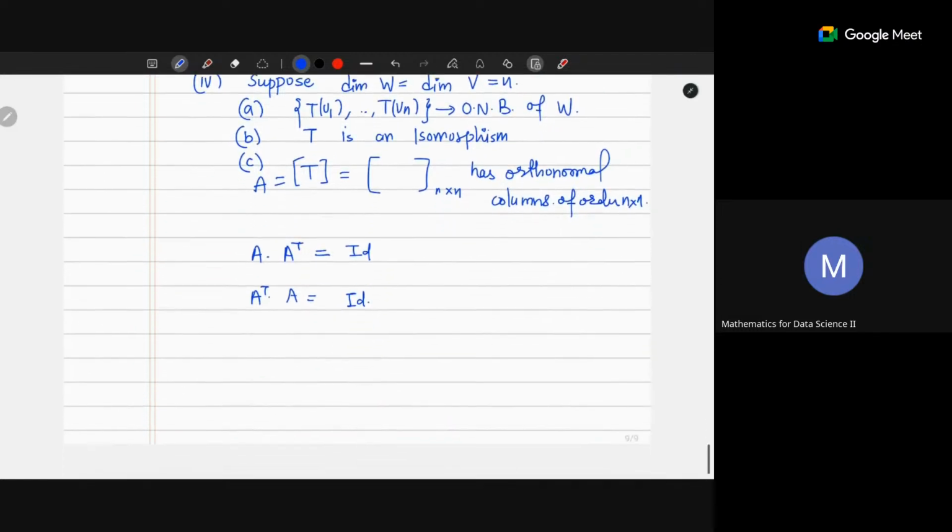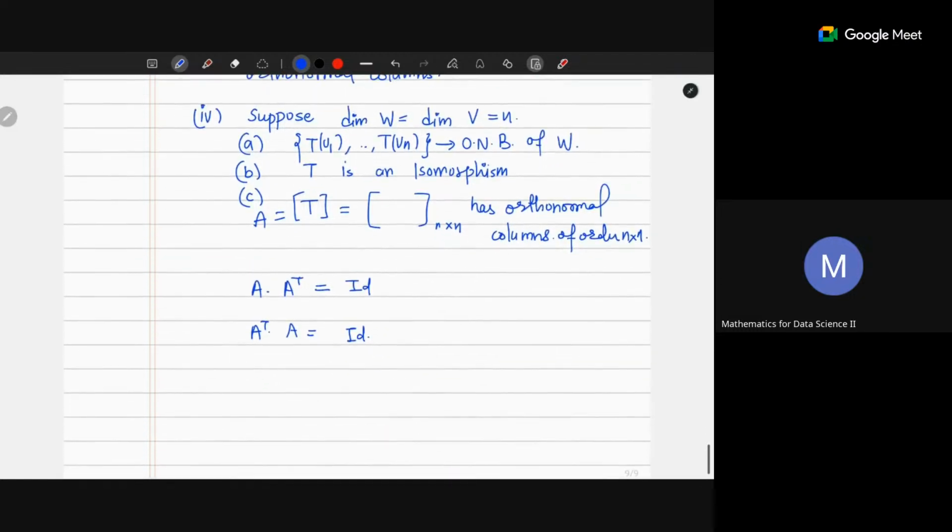Okay, now why is that? Let us first see that A times A transpose is equal to the identity. So what is A?